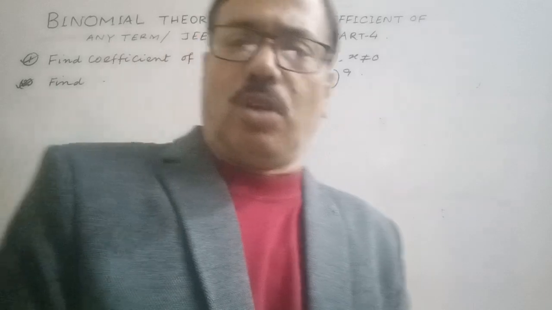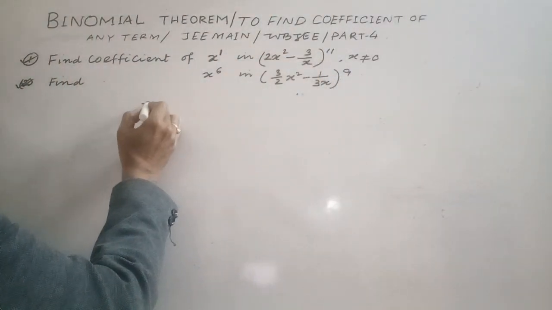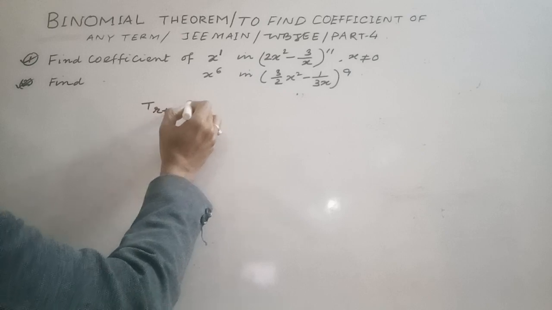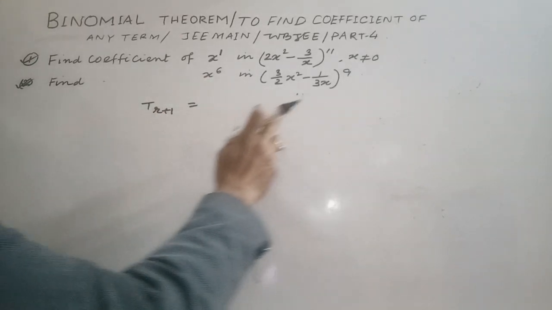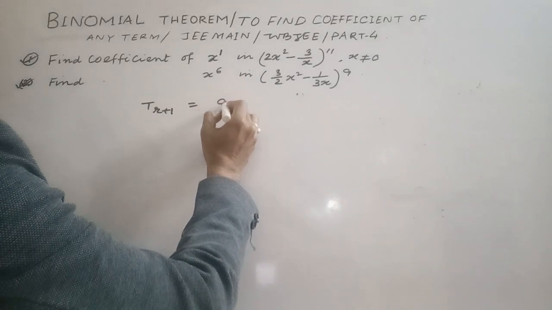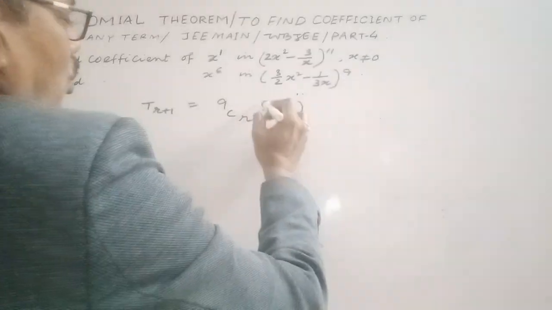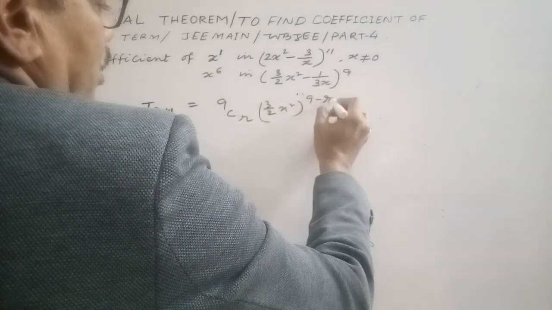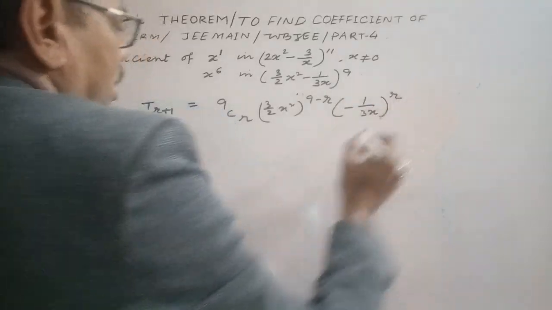So, you solve it. Same way, look, this will be our step: 9Cr, (3 by 2 x square) whole to the power 9 minus r, (minus 1 by 3x) whole to the power r.